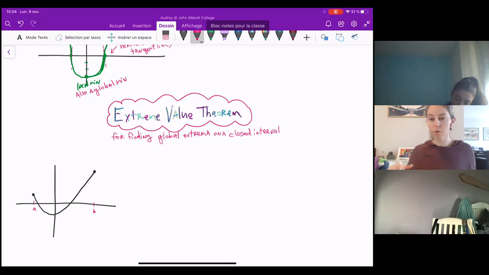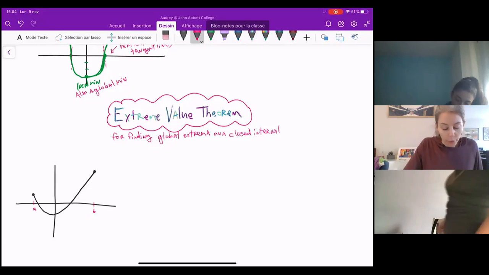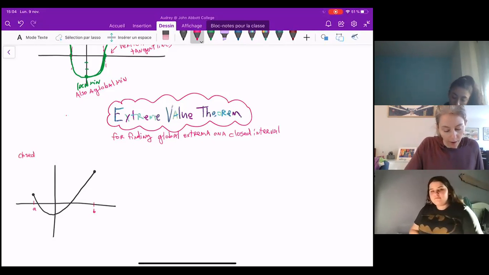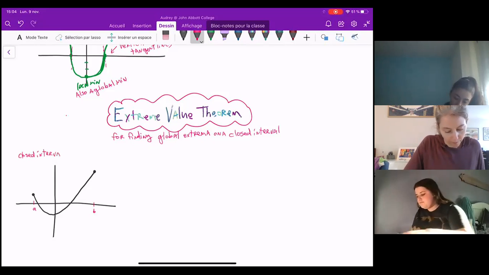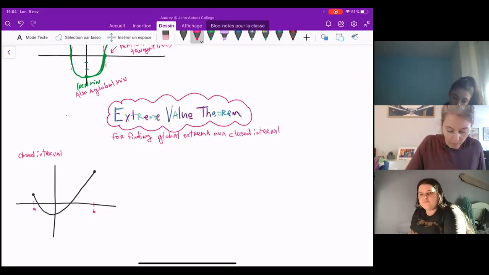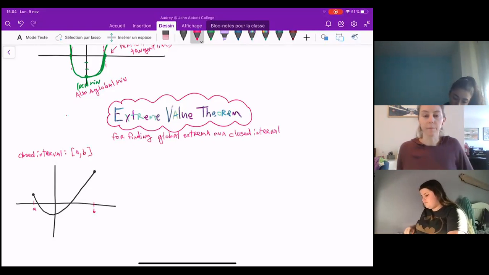So here, if you look at this graph that I've drawn, we're just looking at a chunk of the graph. So the closed interval in question here is from A to B.